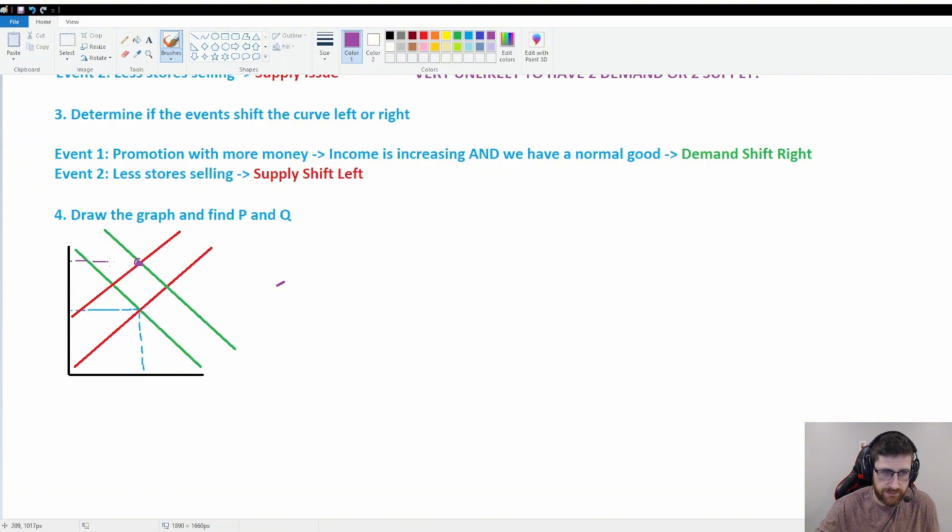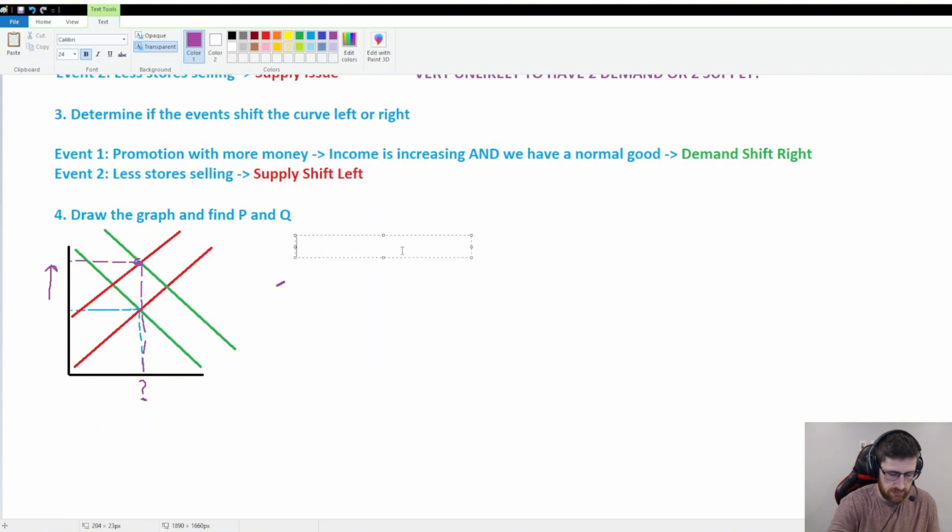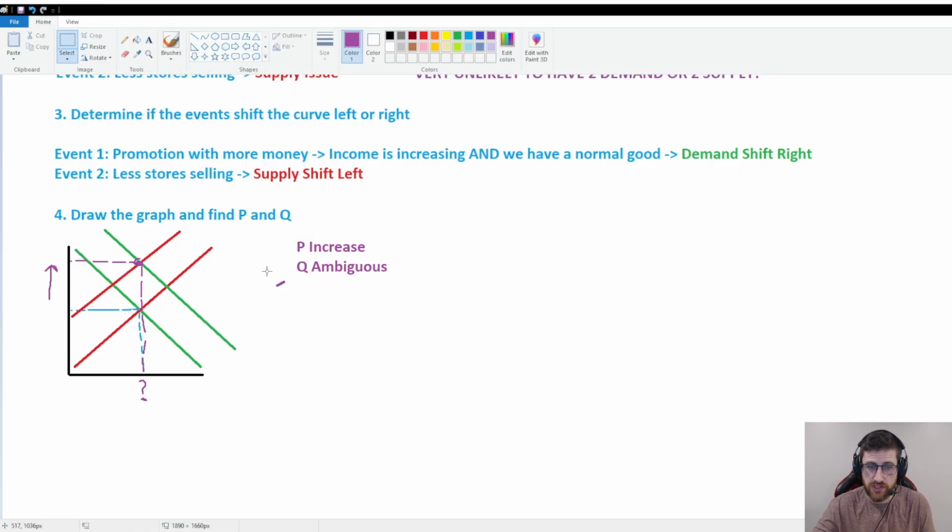We dot it out, and we say, oh, I can see an increase here, down here, I don't know, so P increases, Q ambiguous. All right. That is it. That is as hard of a question probably as you're likely to see with demand and supply at an introductory stage. We can definitely make these topics more complex, but that's for much later videos and later courses.